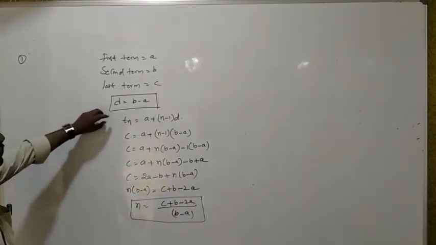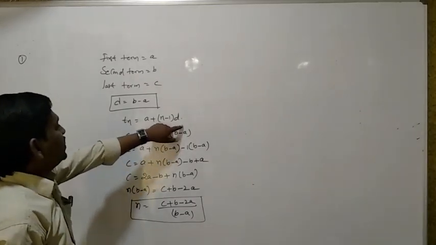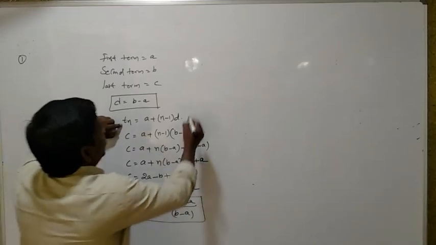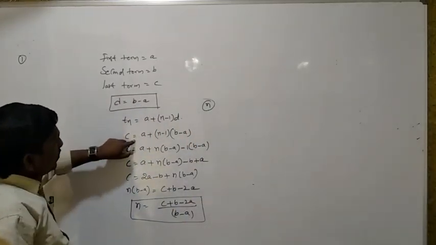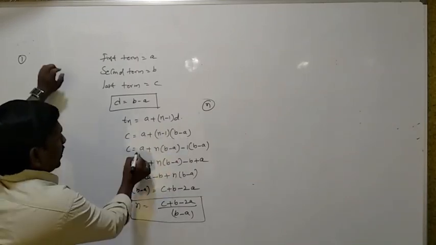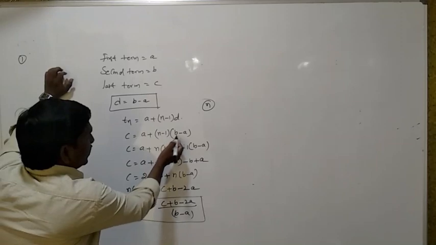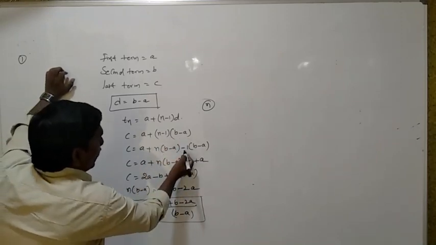Tn equals A plus (n minus 1) into D. So we have to calculate the n value. Tn means C. C equals A plus (n minus 1) into D, value B minus A. A plus n into (B minus A) minus 1 into (B minus A).